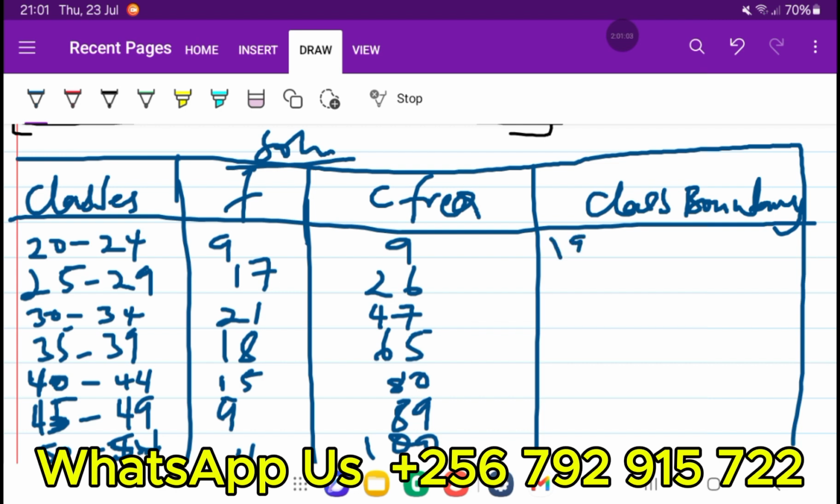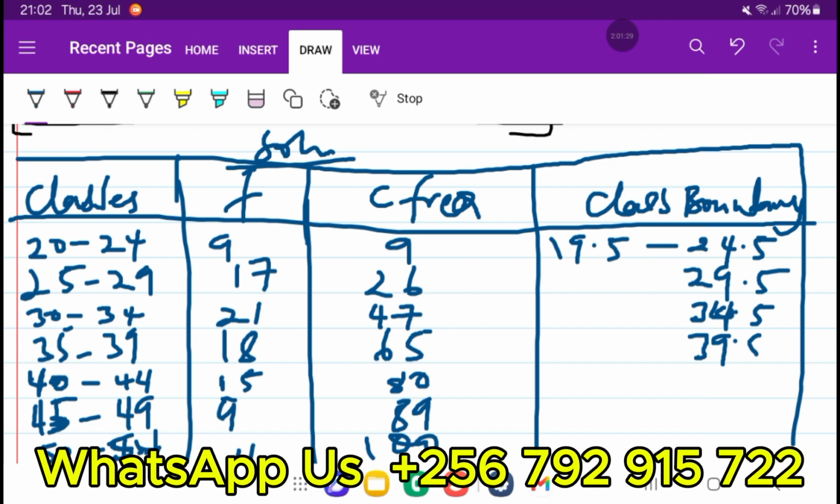This is 19.5 because we have gotten 20 minus 0.5. We go to 24 plus 0.5, that is 24.5. Then 24.5 plus 5, that is 29.5, plus 5, this is 34.5, plus 5, 39.5, plus 5, that is 44.5, plus 5, 49.5, then plus 5, that is 54.5.